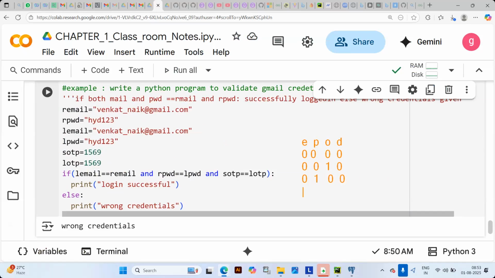0, 1, 1 means password and OTP are given correct, and obviously it will still be wrong credentials.